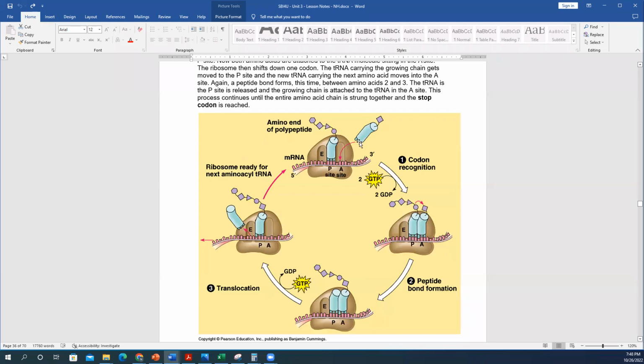These anticodons here recognize the codon sequence on the mRNA and come and bind it, and they have the proper amino acid that corresponds to that codon attached here.